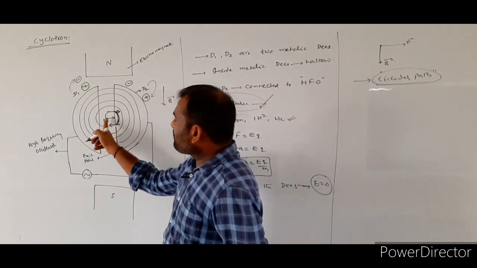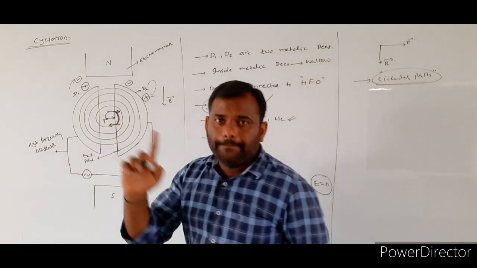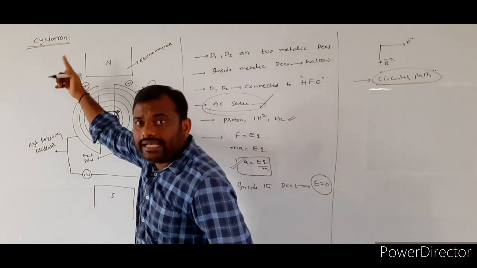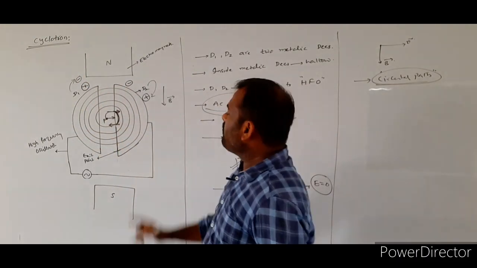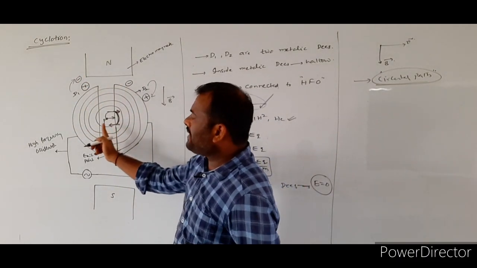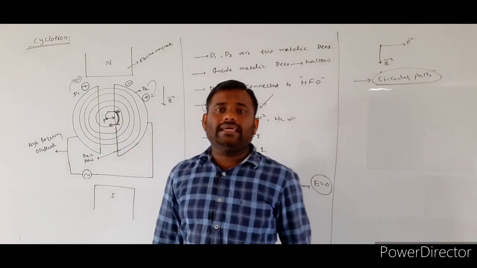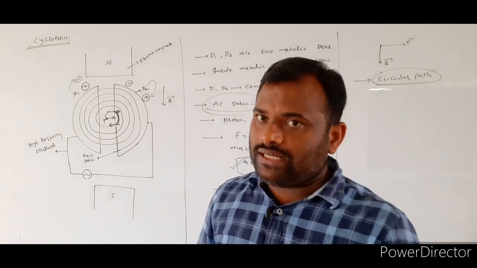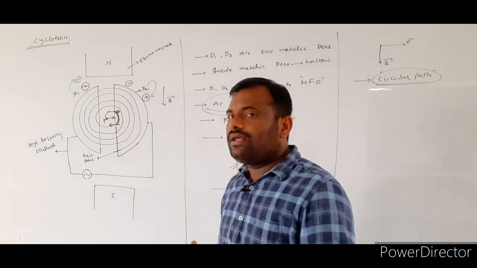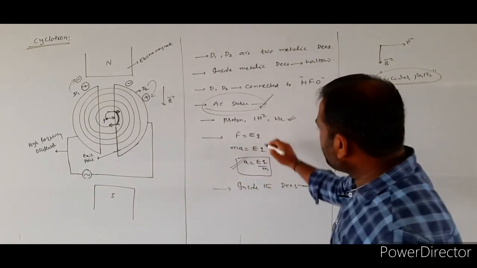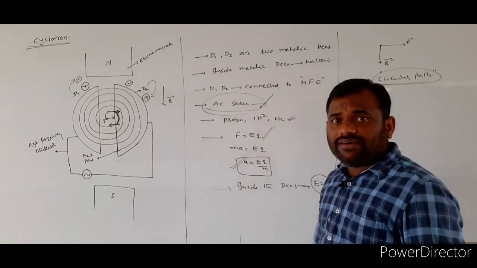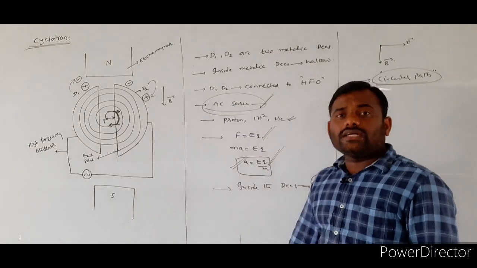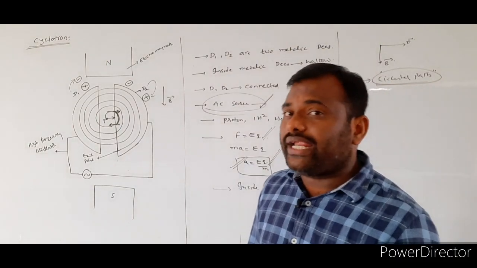The charged particle here is positively charged, and D1 is now acting as a negative plate. That's why once again this charged particle is attracted by D1, and as a result of the application of the electric field, once again this charged particle gets accelerated.